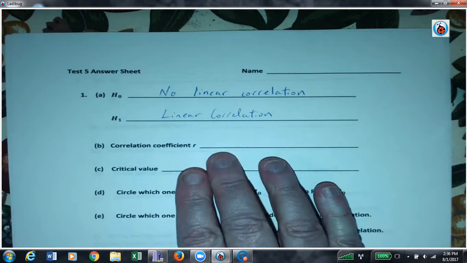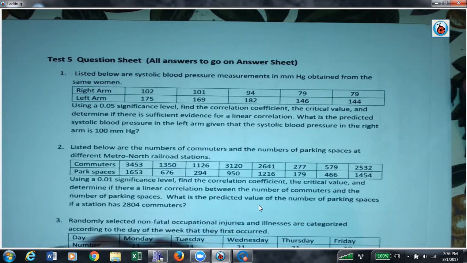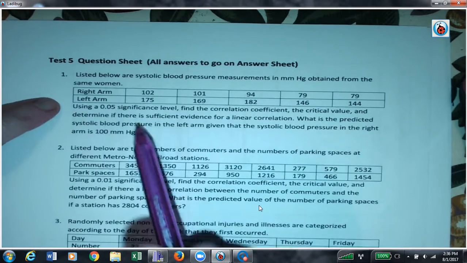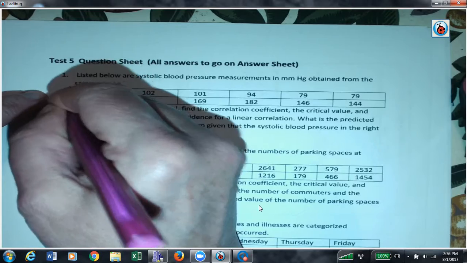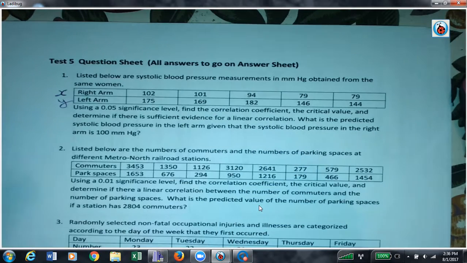All right, so let's get the correlation coefficient. Well, in order to do that, we have two rows of data here. The first row is going to be my x values for my points, the x coordinates, and the second row is going to be my y coordinates.